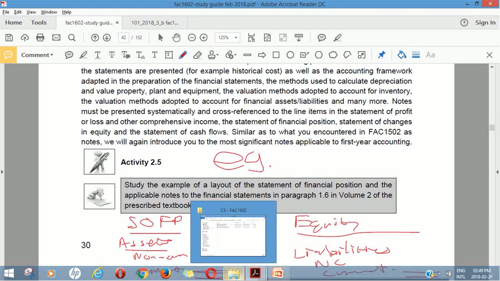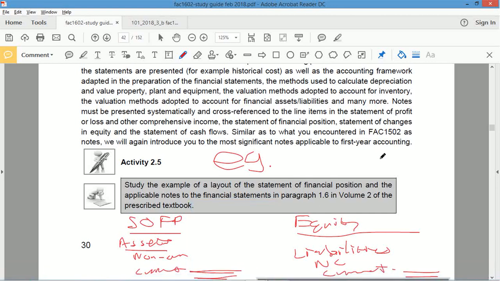Liabilities under current, let's put creditors and bank overdraft, just as 2 examples. Your creditors, let's use 5, and your overdraft will make 2.